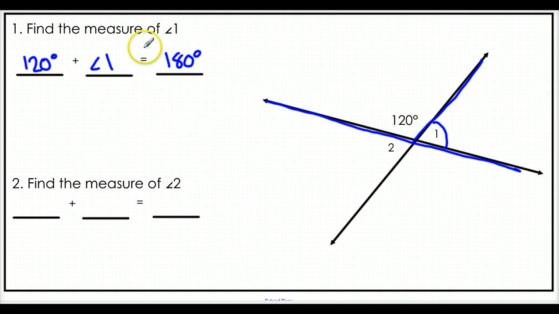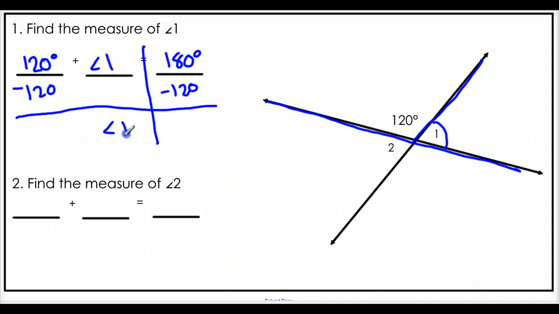Now to find out what angle 1 is, all I have to do is subtract 120 from 180, and you get angle 1 is equal to 60 degrees. Once again, the shortcut here is just to do 180 minus 120, which equals 60 degrees.